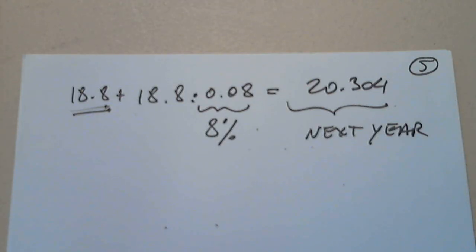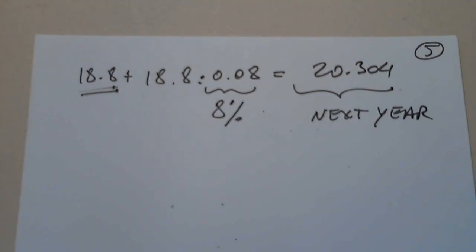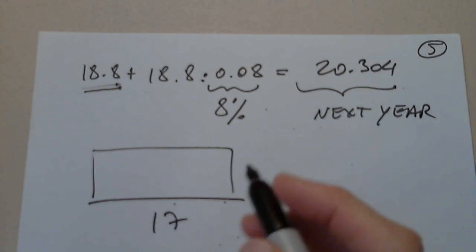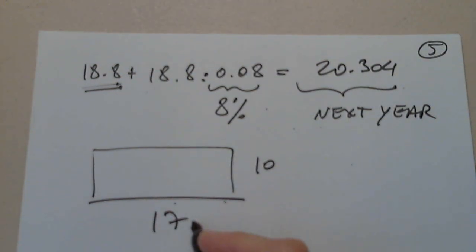A rectangular garden has dimensions of 17 by 10. The homeowner wants to increase each dimension by 30%. Let's do this one. So the rectangular garden is 17 by 10, and this is in feet.